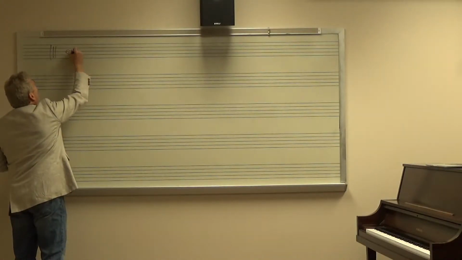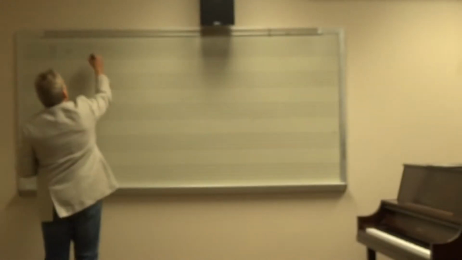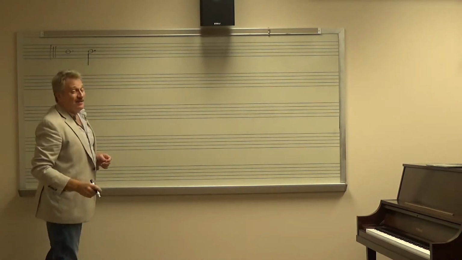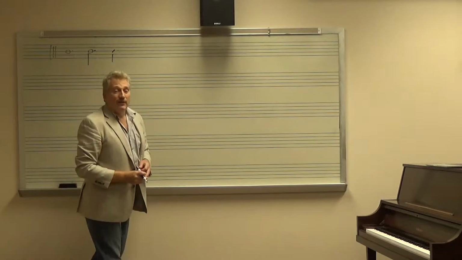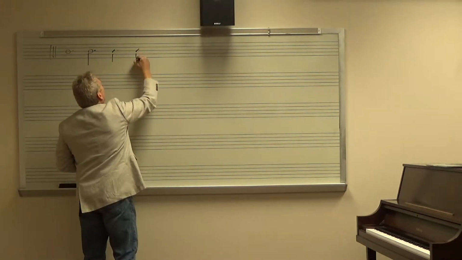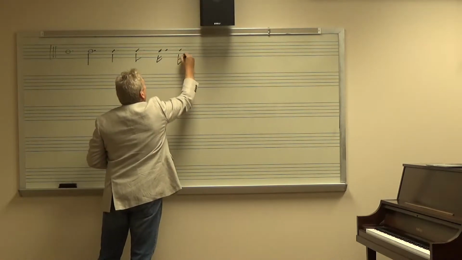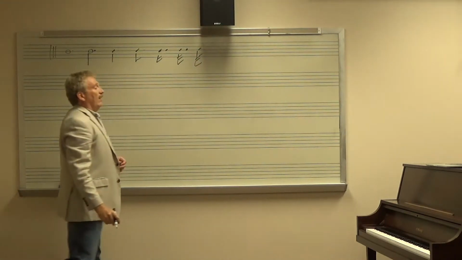We have a dotted whole note, a dotted half note, a dotted quarter note, a dotted eighth, a dotted 16th, and a dotted 32nd, and technically it's supposed to be a dotted 64th note as well.